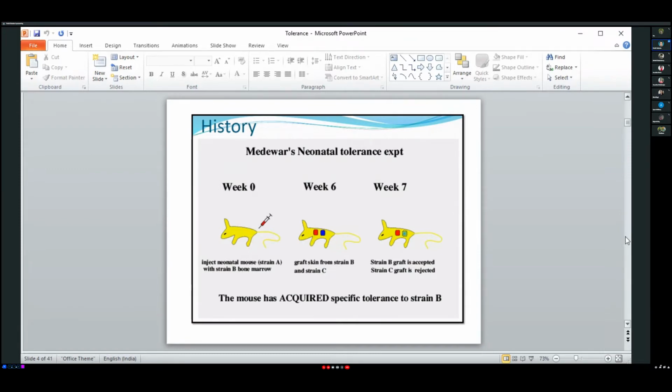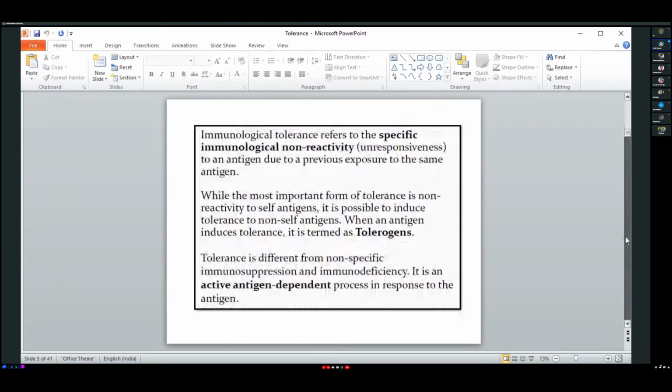In week 6, you see skin grafts from strain B and strain C. And in week 7, the strain B graft is accepted, and the strain C graft is rejected. So what does it mean? It means that the mouse over a period of time has acquired tolerance towards strain B. That is why it has accepted strain B's graft, but it has failed to accept strain C's graft.